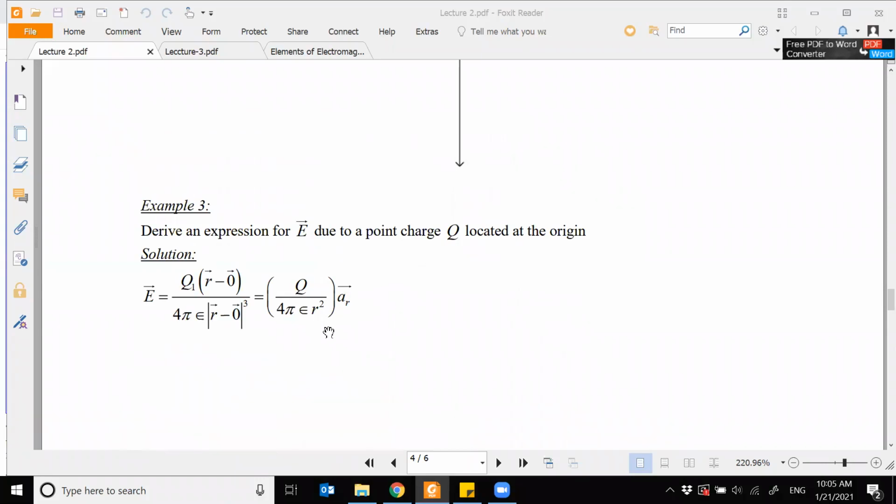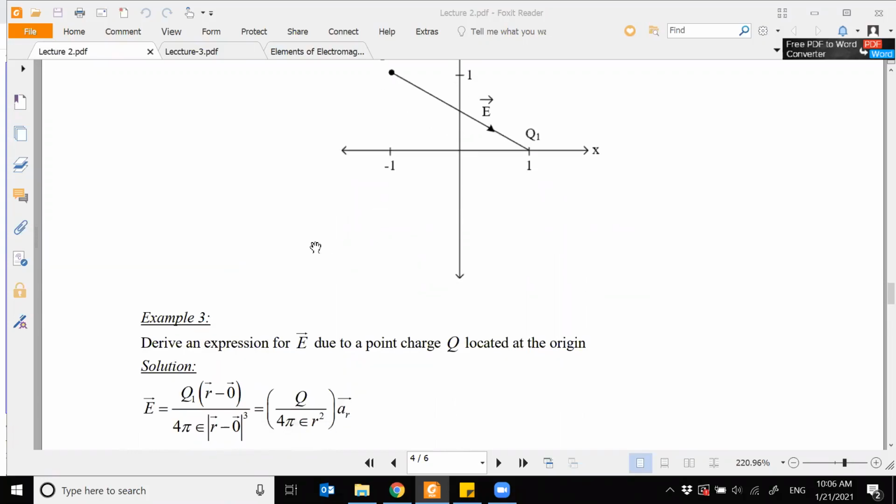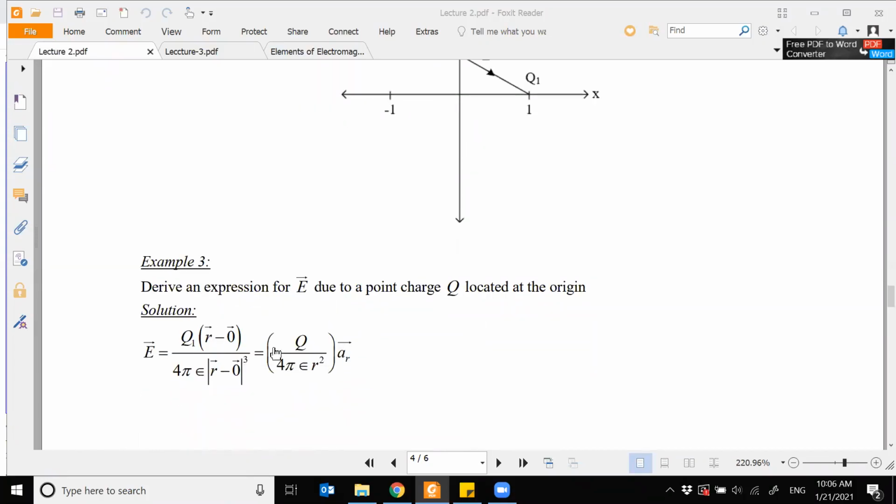In this example, what we are doing is, instead of placing the charge somewhere else, I'm placing the charge at origin. So if I place this charge at origin, and if I have any point P where I need to find the field, and this point P, its position vector is R, then how can I get it? It's very simple.